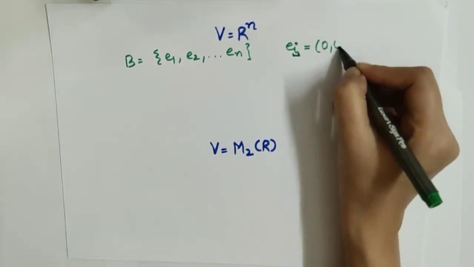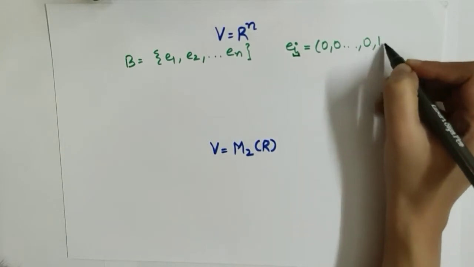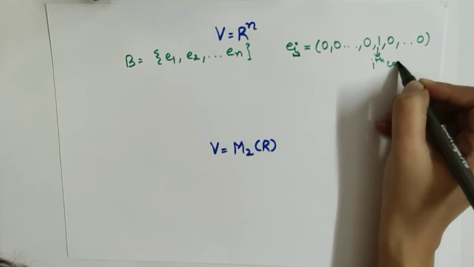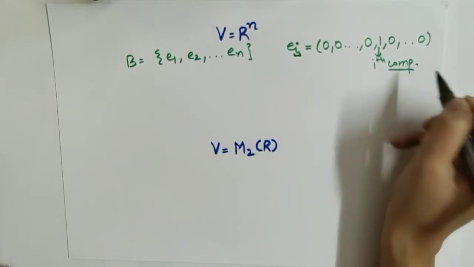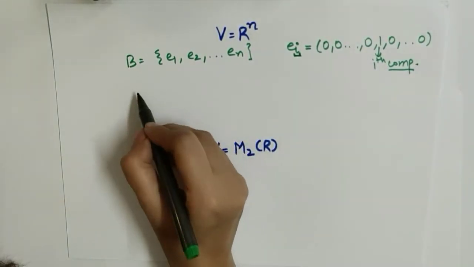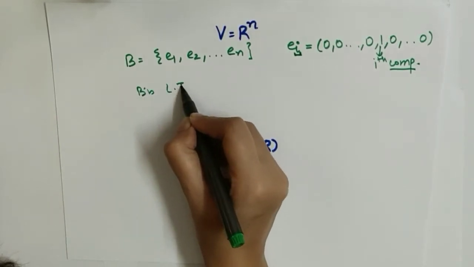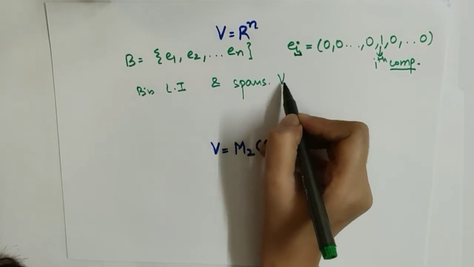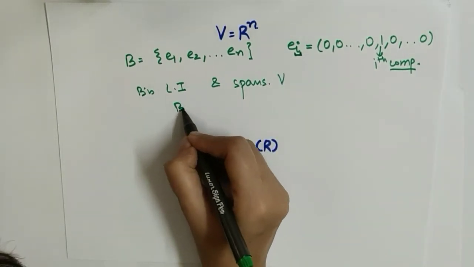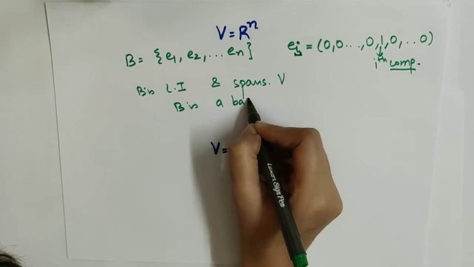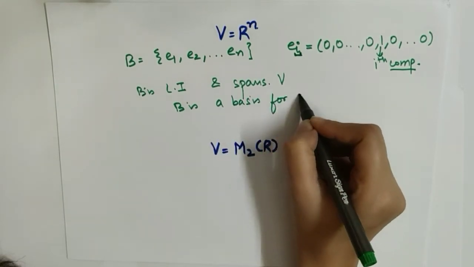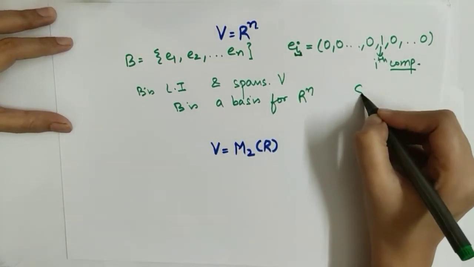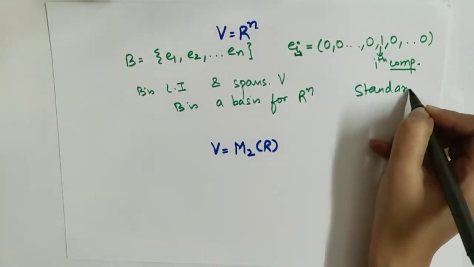So (0, 0, 0, 1, 0, 0), where this is my ith component. It can easily be seen that B is linearly independent and spans V. So B is a basis for Rn. In fact, such a basis is called a standard basis.